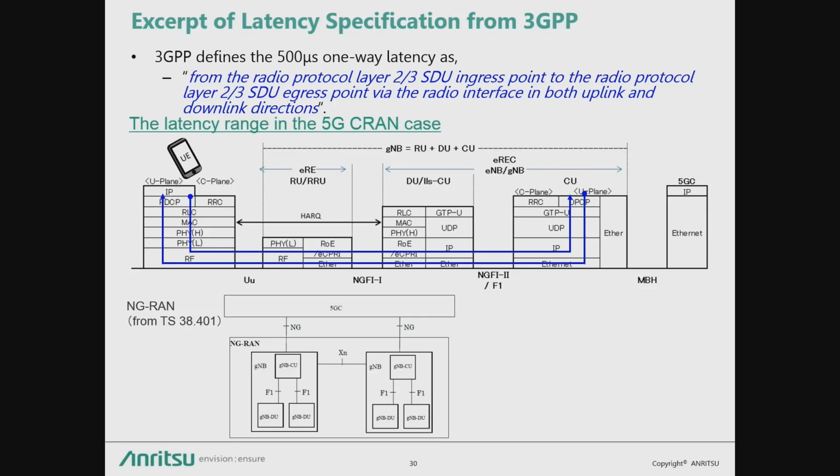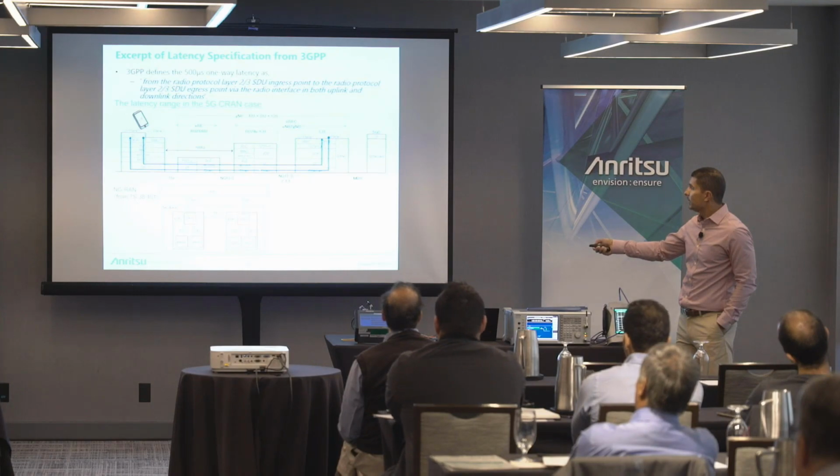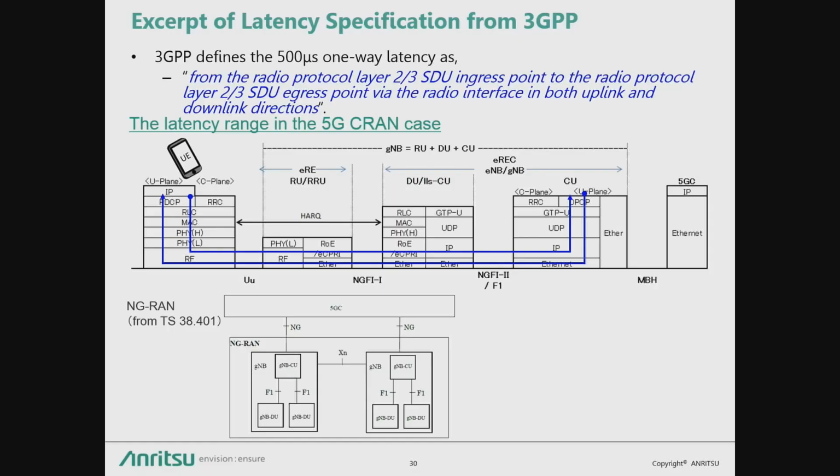This is eCPRI from the radio unit to the DU, where you're getting your IQ data. This has to be within the 50 microseconds. From here, NGFI 2, this is your IP data. This falls under that 500 microseconds, so much more latency buffer, less of a restriction.